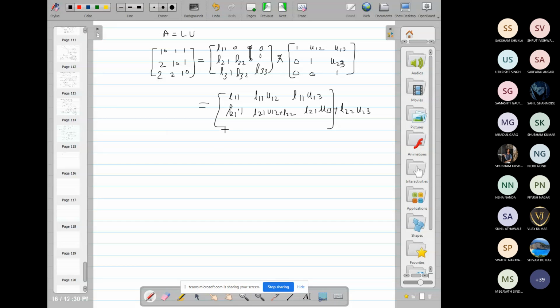Then third row, so it will be here L31 1 and then L31 U12 plus L32, and last element L31 U13 plus L32 U23. So we finally obtain this matrix here.